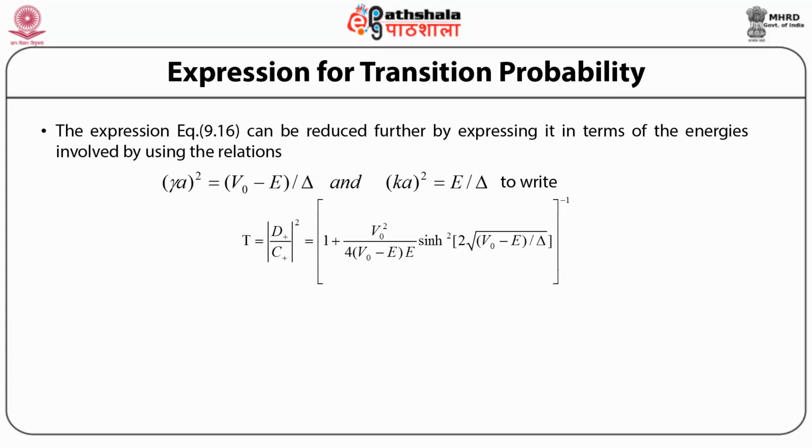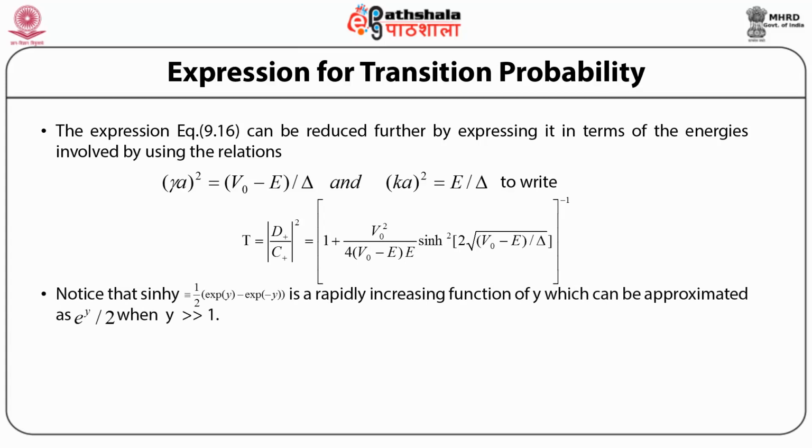sinh square within the brackets, twice the square root of (V naught minus E) by delta. Notice that sinh y is equal to 1 by 2 times (exponent of y minus exponent of minus y), which is a rapidly increasing function of y and can be approximated as e raised to power y by 2 for y much greater than 1.